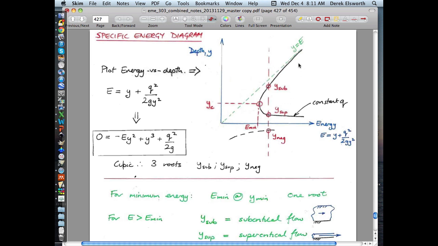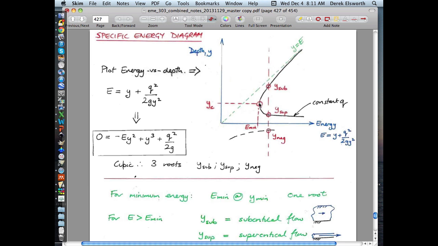It should look like this if you plot the depth of flow versus the energy. The cubic has 3 roots, and the important thing to know about this expression is that as the depth gets very deep, this very subcritical flow, then if y gets to be very large, this term gets to be very small, and so in the limit the energy is equal to the depth, which is this one-to-one line here. So that has to be one of the bounding lines.